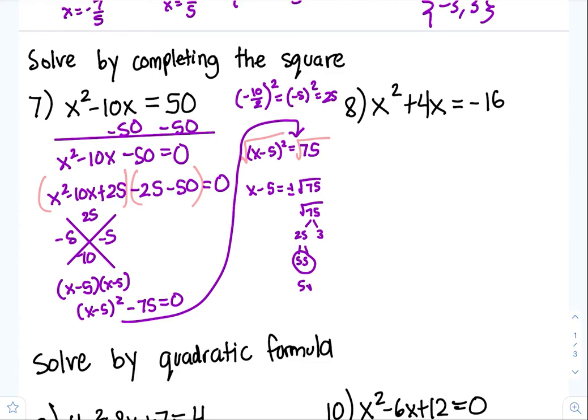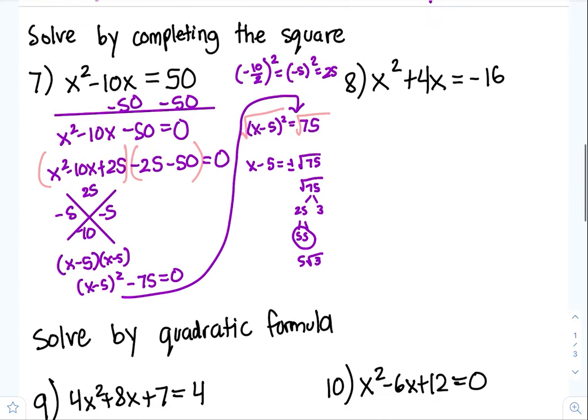So 5 square root of 3. So we're going to get x minus 5 is equal to plus or minus 5 square root of 3. Add 5 to both sides, and there's your answer: x equals 5 plus or minus 5 square root of 3.